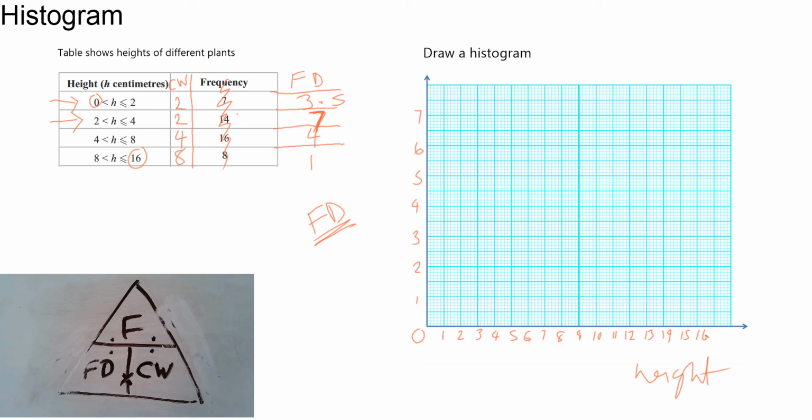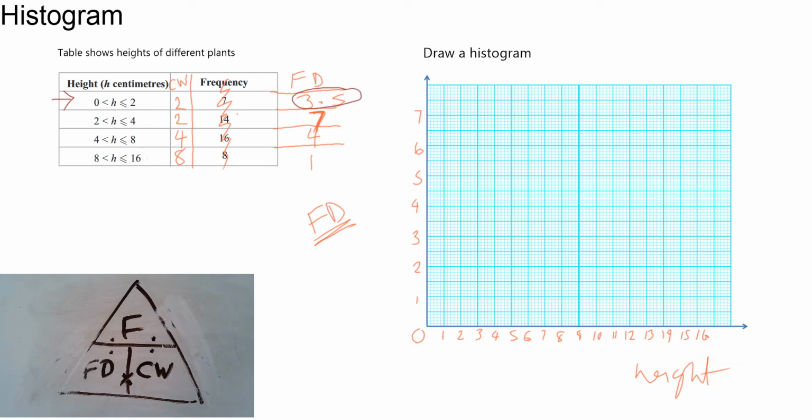What I need to do now is look at the first row. Before I carry on, I'll just tidy up my screen a little bit. Looking at the first row, it's got a class width of 2. It starts from a height of 0 up to 2, and it's got a frequency density of 3.5.